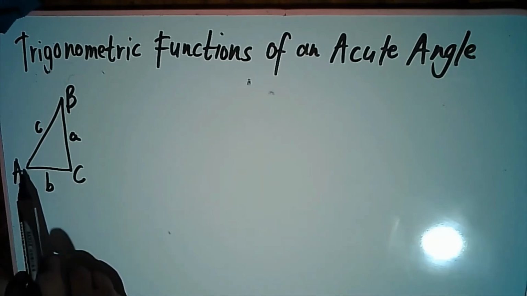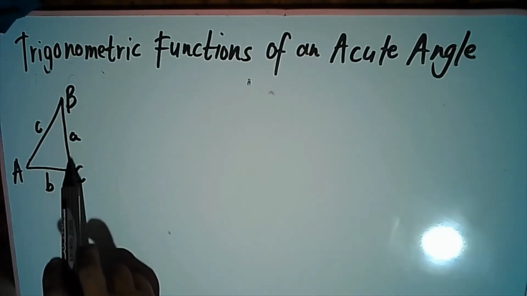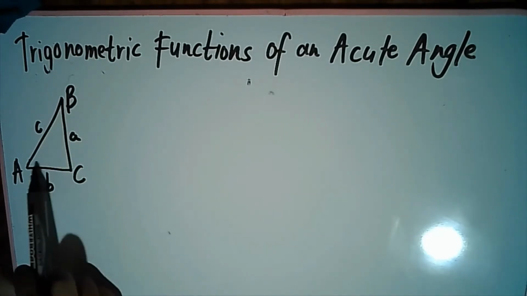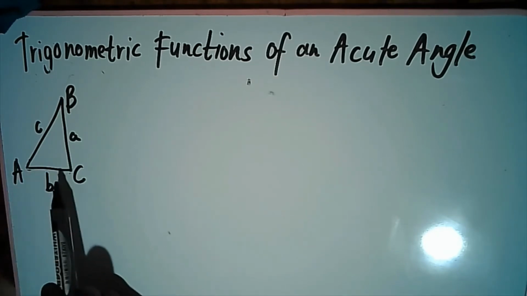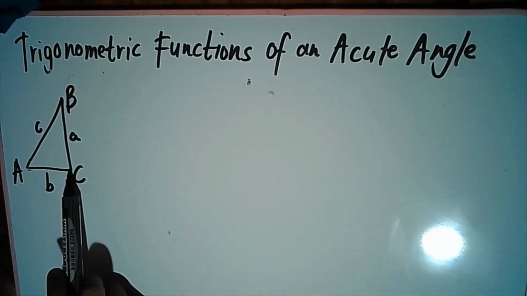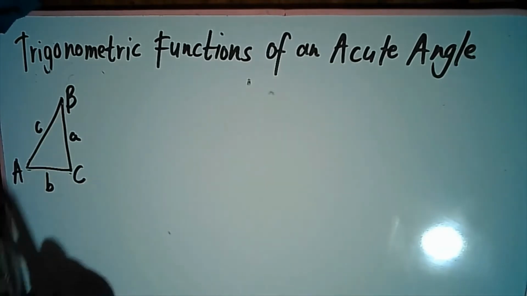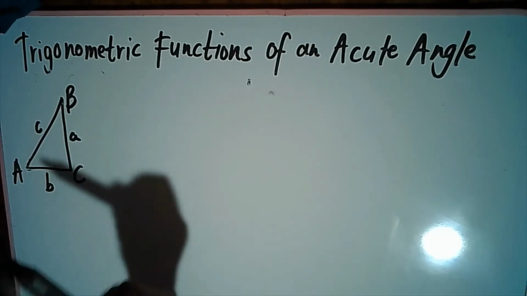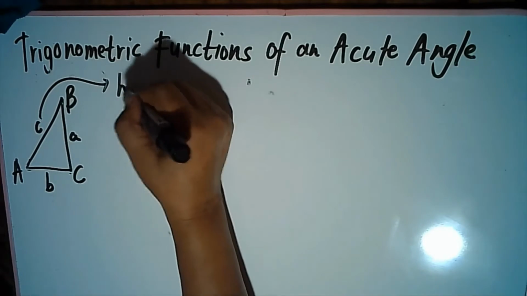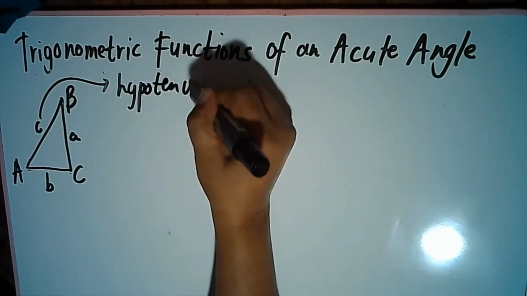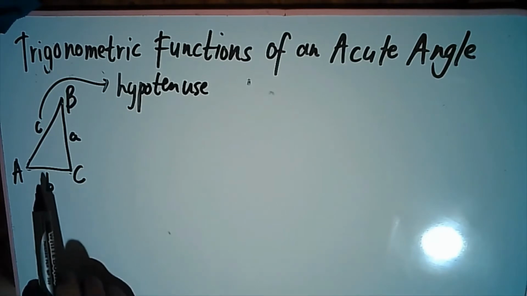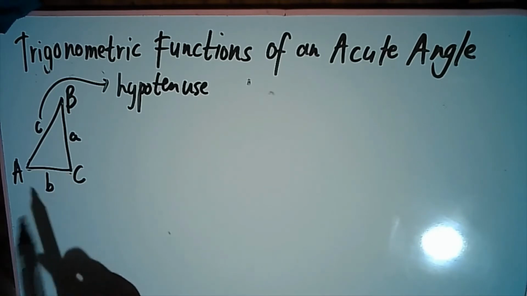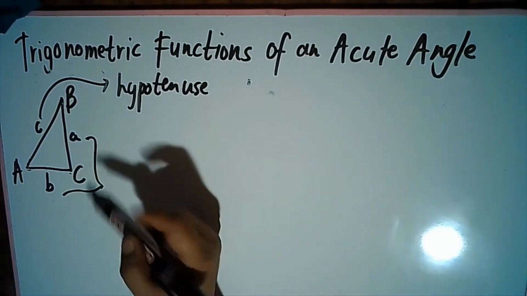The side opposite to angle A is side a, the side opposite to angle B is side b, and the side opposite to angle C is side c. So side c is the hypotenuse of the right triangle, while sides a and b are the legs of the triangle.